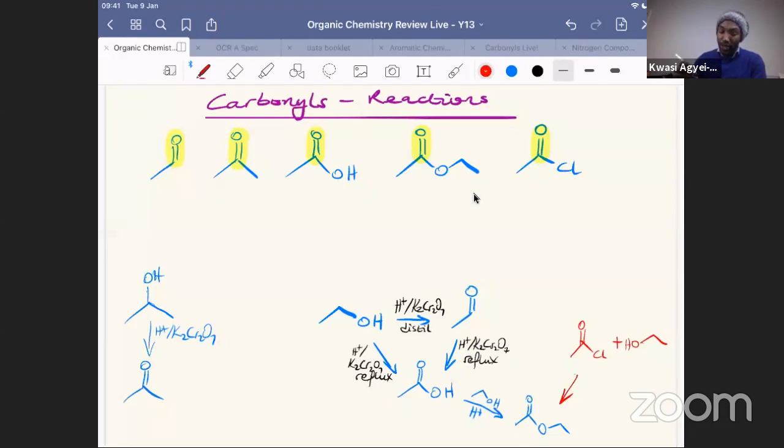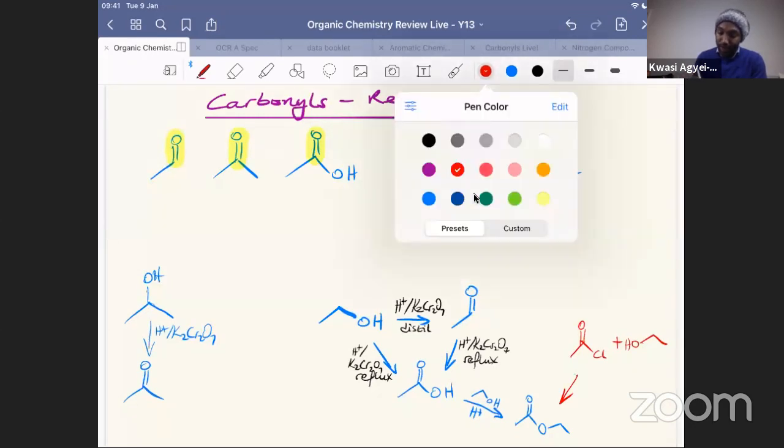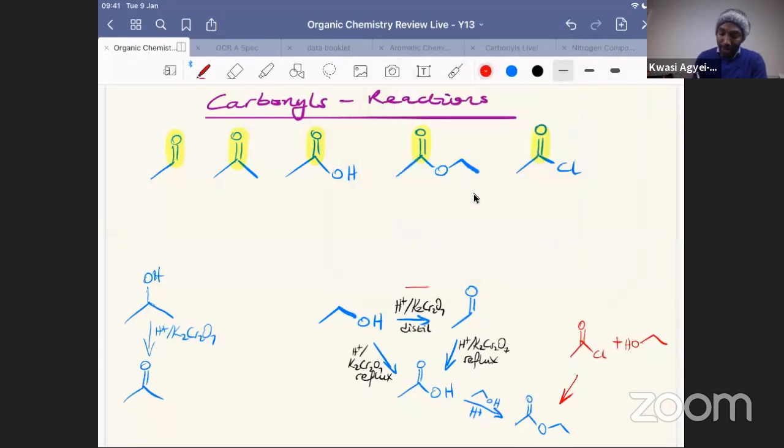And so you can, if you wish to, go from your aldehyde back to your alcohol, for instance. If we show this in a different color, let's go red, we could go backwards like so, and in doing that, you would need a reducing agent.